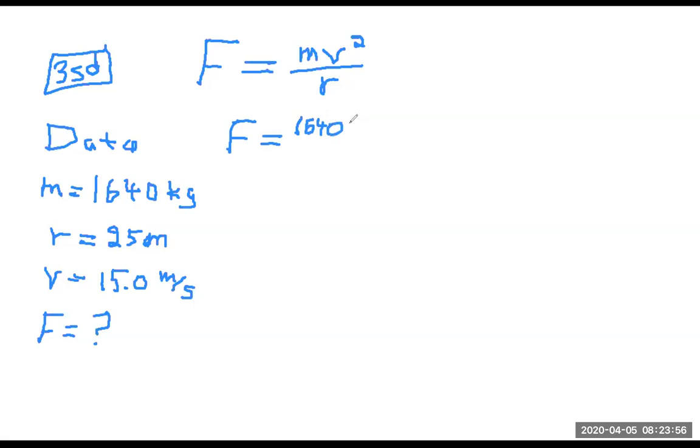Okay, multiplied by phi squared, so that's 15 squared. And we write down these things, and 25 is the meters. And we know this is going to be newtons, and so we do the multiplication.